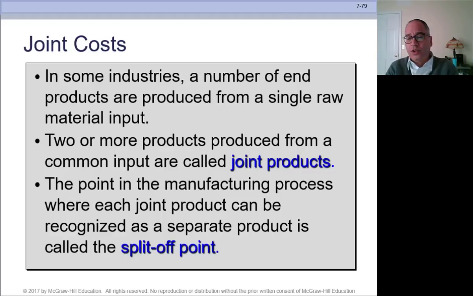So these are called joint products. When you make two or more products from a single thing, they're called joint products. So all the different cuts of meat, leather, all the other things you make from that cow, they're called joint products. And the point where you would start off with one raw material and then you would get lots and lots of joint products is called the split-off point.